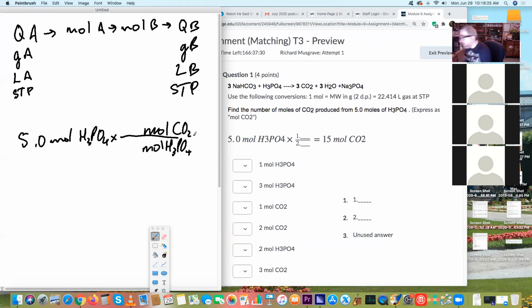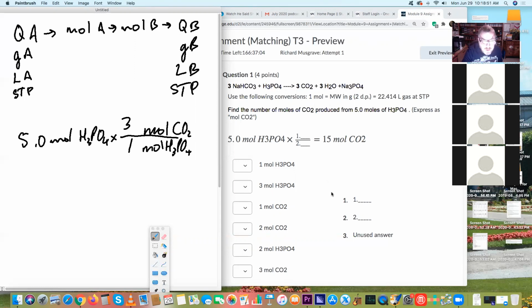We're looking for a relationship between H3PO4 and CO2, and that's up here: 1 mole of H3PO4, 3 moles of CO2. So you'll notice that's the approach I like to take, is put the units in first and then put the numbers in next to those once we figure out what the relationship between them is. And that's how we get that answer of 15 moles of CO2.